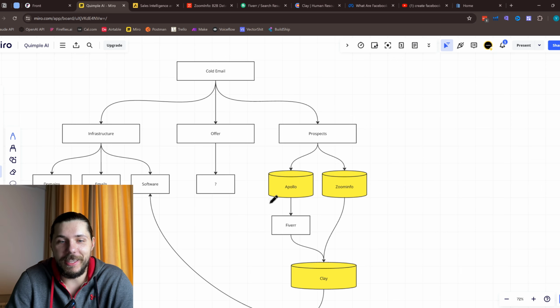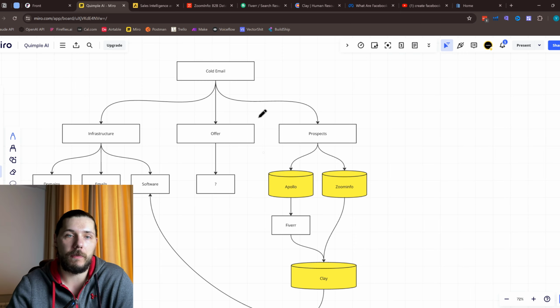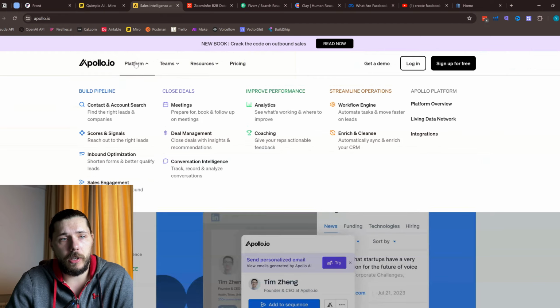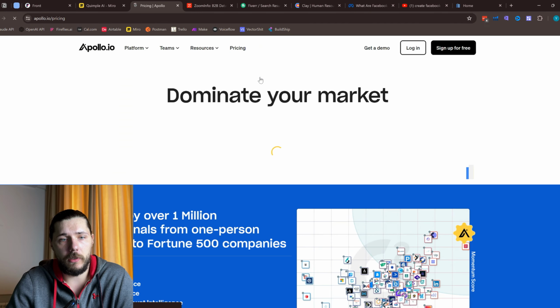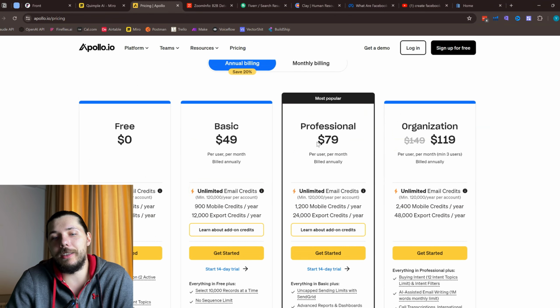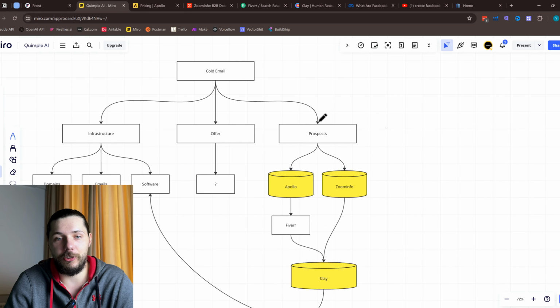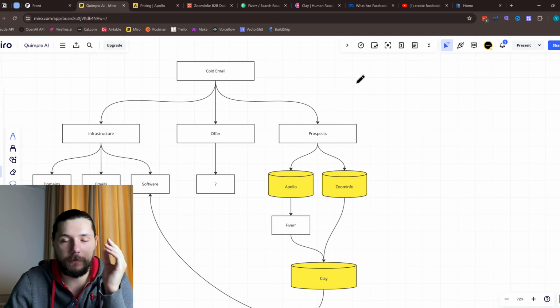I would love to pay for Apollo, but why would I if we can get someone from Fiverr that has an enterprise plan and can scrape everything for us? Basically, this is Apollo, and I'm not sure what their pricing is. Let's actually test it out. Yeah, it does look like it's not a lot of credits. We send 2-3 thousand emails per day, so we would pay $500 or more just for the software.